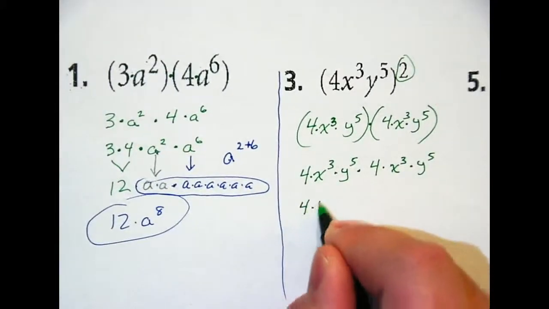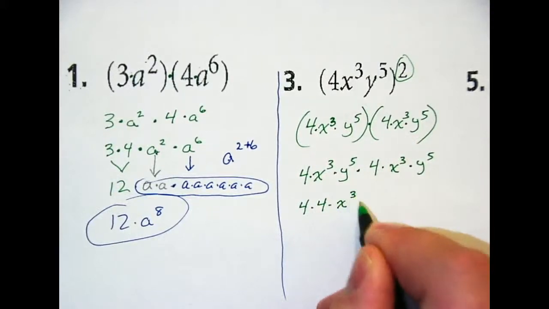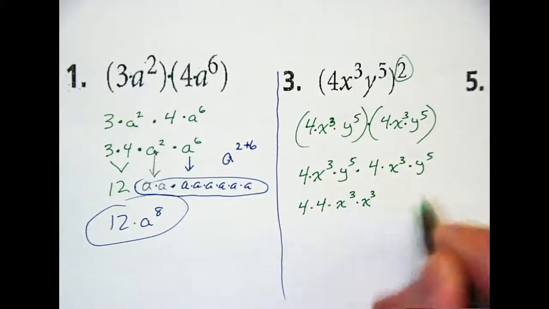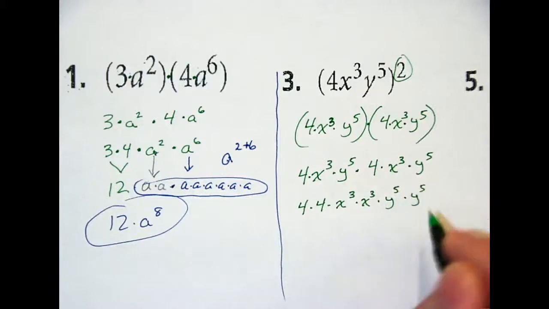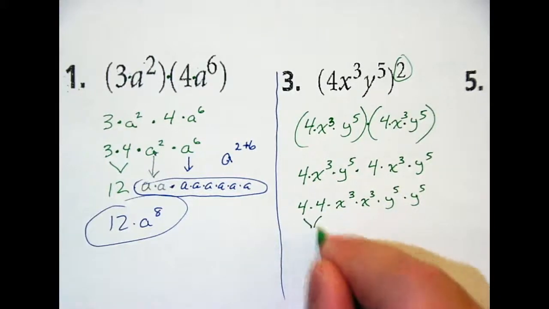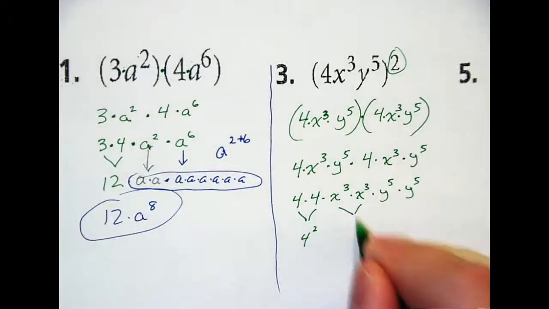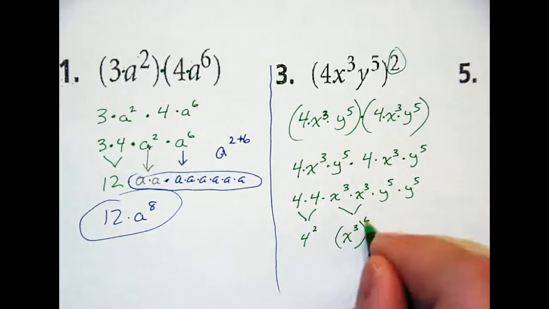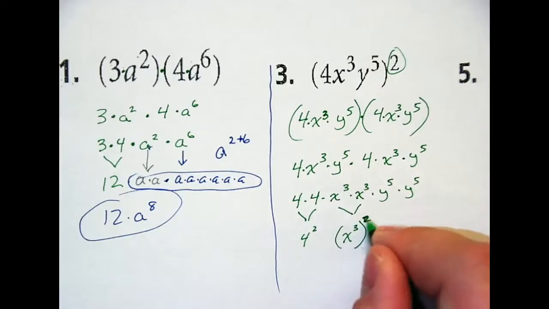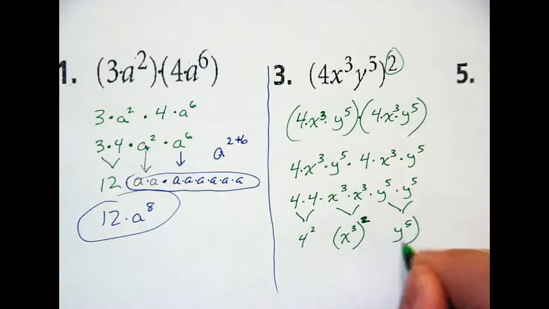So if I put my numbers by my numbers, my x's by my x's, and my y's by my y's, I now really have 4 to the 2nd power. I have x cubed to the 2nd power. Oops, not to the 6th power, to the 2nd power. And I also have y to the 5th to the 2nd power.